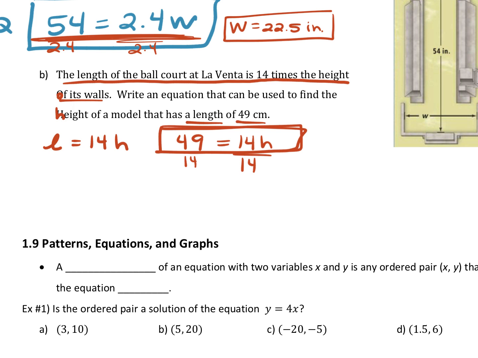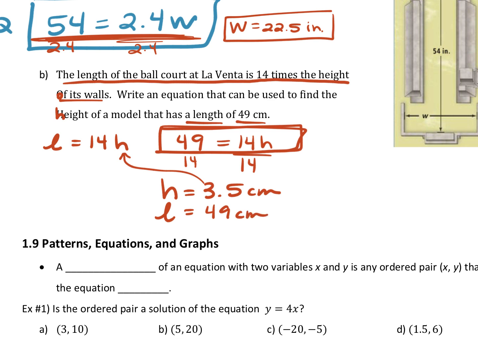What does that work out to? I don't have it in front of me. 3.5. So your height would be 3.5 centimeters. Your length would be what? Plug it in right here, right? 14 times 3.5. Ooh, 14 times 3.5 is 49.